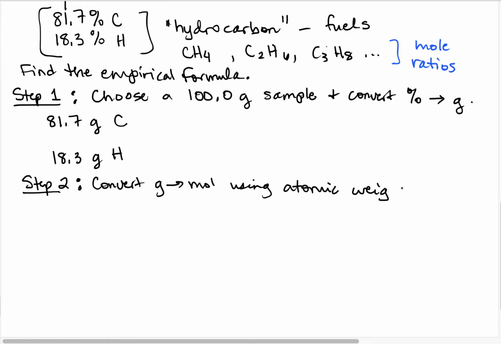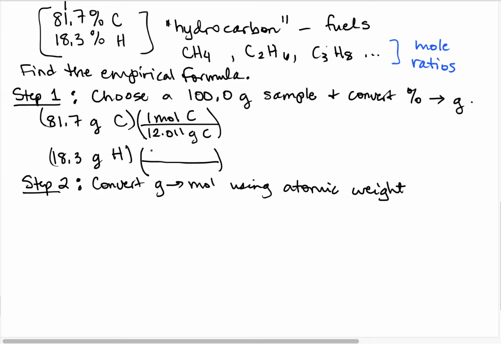If we have 81.7 grams of carbon, how many moles is that? Well, we know that 1 mole of carbon weighs 12.011 grams. And that's from the periodic table, of course. And that 1 mole of hydrogen weighs 1.0079 grams.